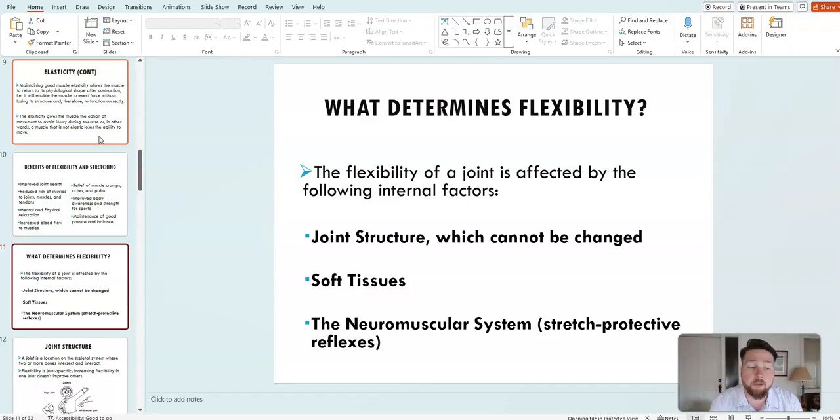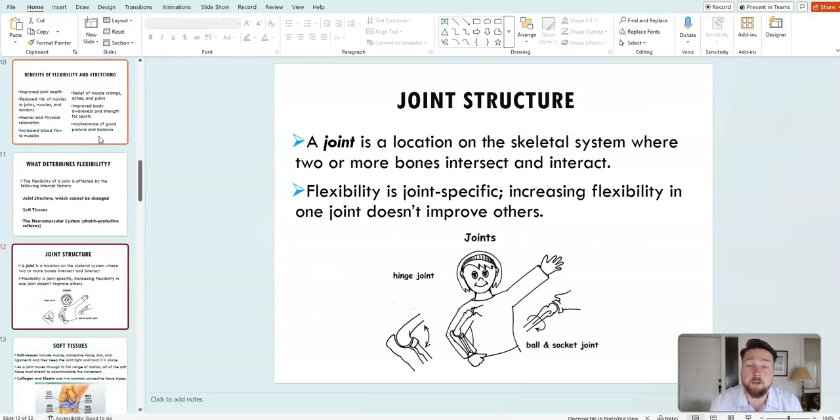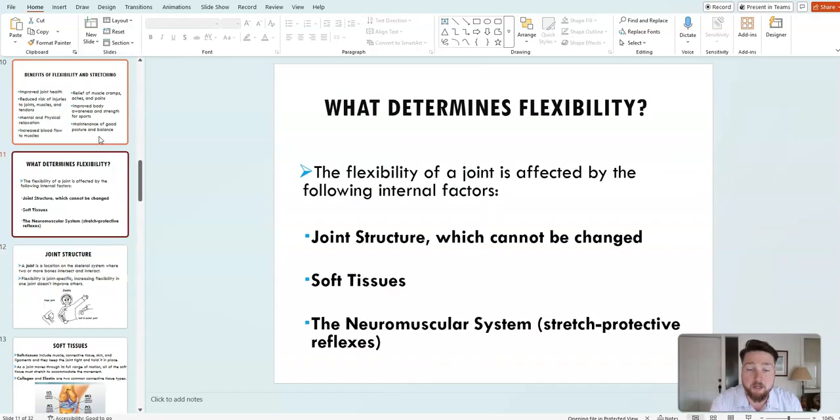What determines your flexibility? You got three things. You got joint structure, soft tissues, and the neuromuscular system, which we'll talk about here in a second. Make sure y'all know what a joint is. So joint structure: your elbows are joints, knees are joints, shoulders are joints, where two or more bones intersect and they interact with each other for a specific movement. So joint structure cannot be changed.